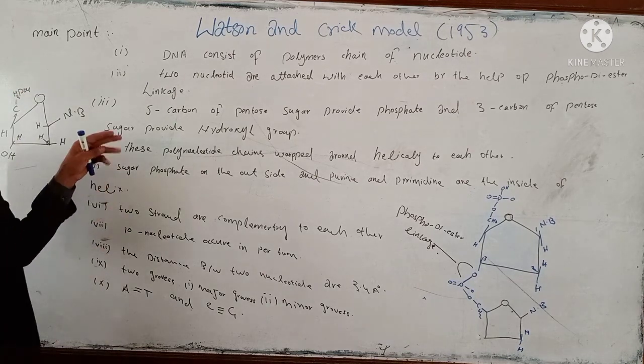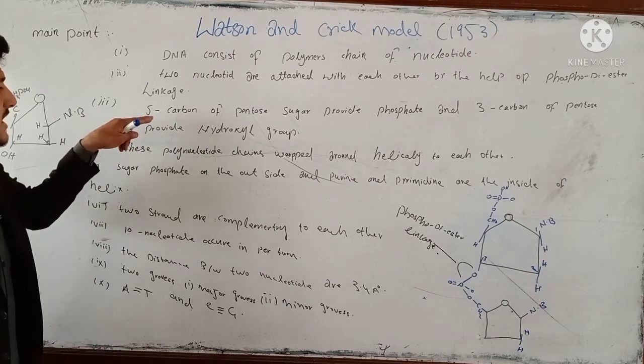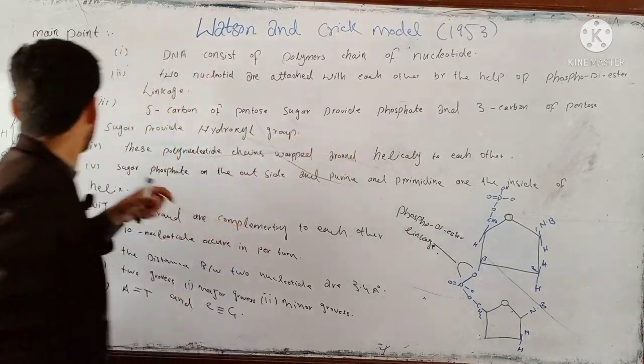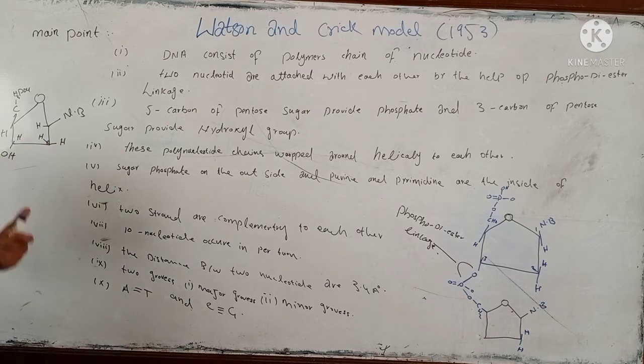So Watson says that the 5 carbon of the pentose sugar provides the phosphate for the formation of the phosphodiester bond. This is the 5 carbon of one nucleotide molecule.